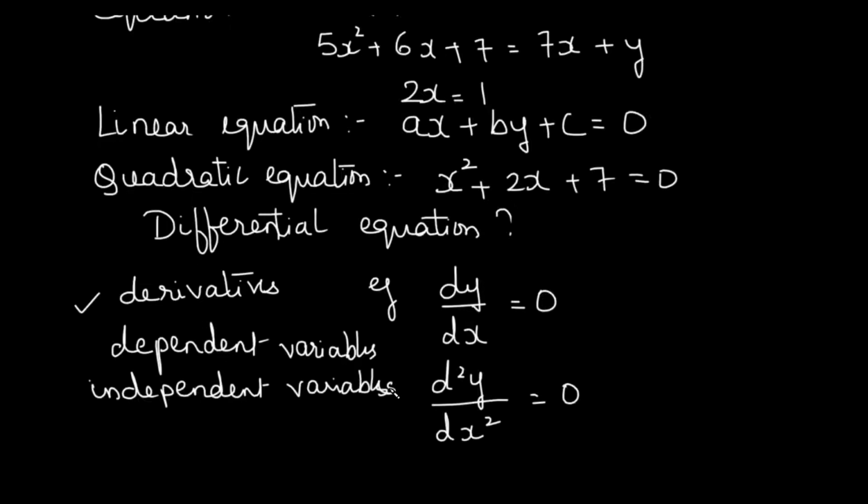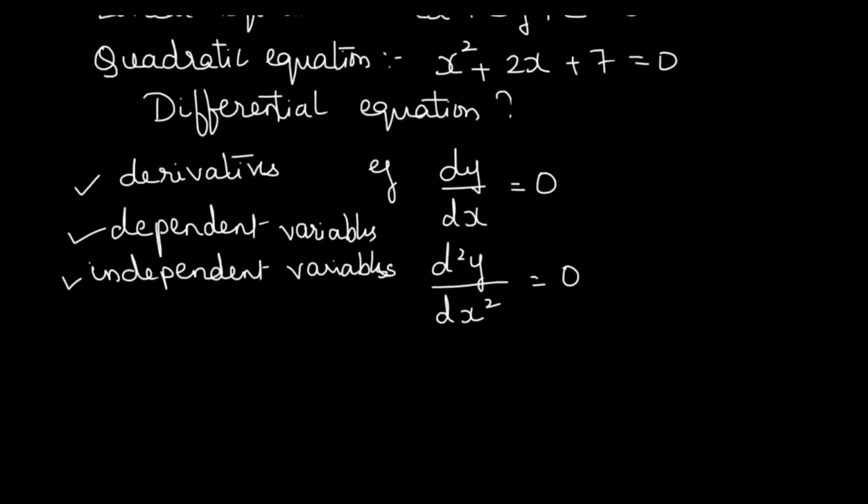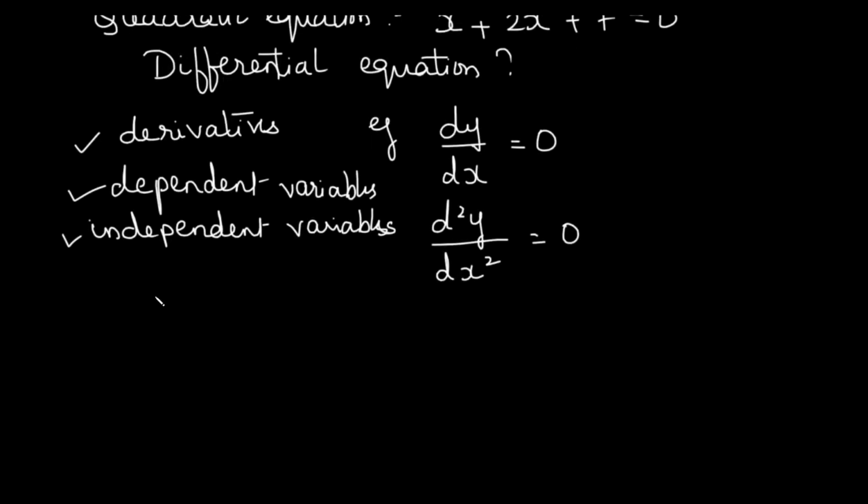So both of these must be involved in this case. So a differential equation should also have dependent and independent variables. Now, what is the meaning of a dependent variable and what is an independent variable? We have also learnt about these earlier.